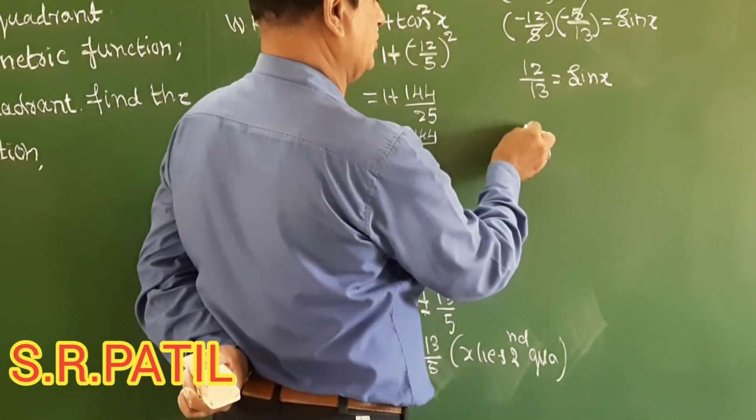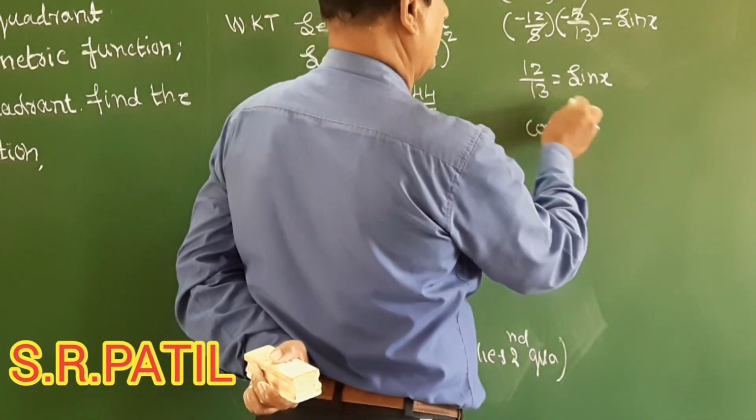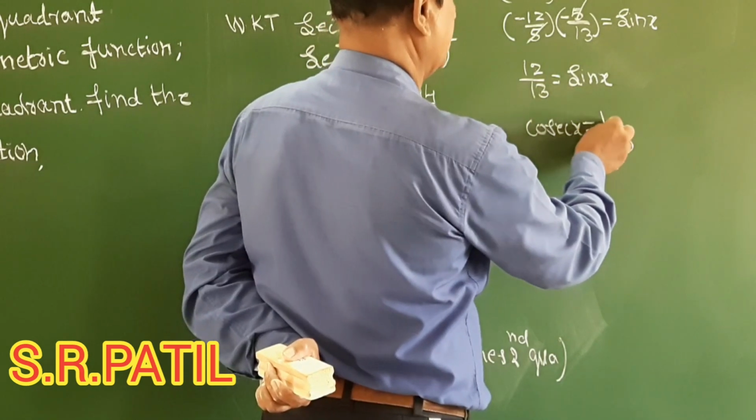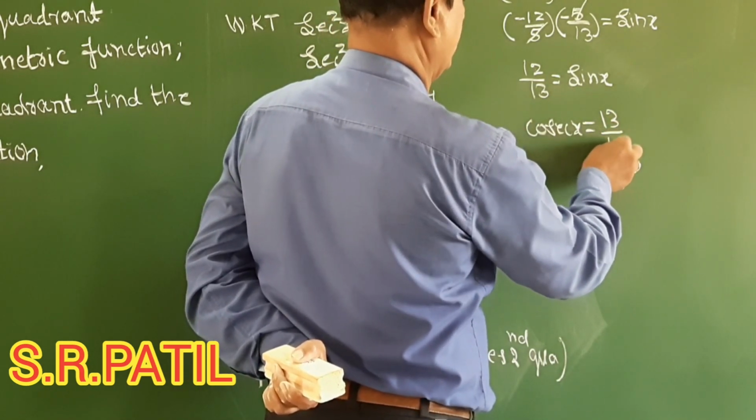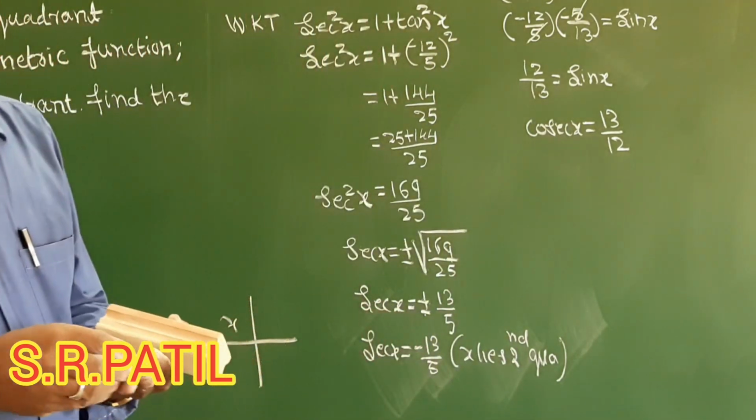What kind of reciprocal is sin? Cosec is the reciprocal, so take the reciprocal and write it in simplest form: 13 divided by 12. So we get all 5 trigonometric functions.